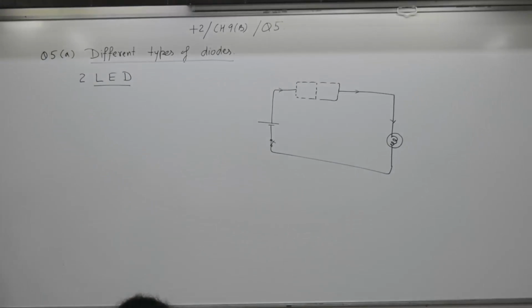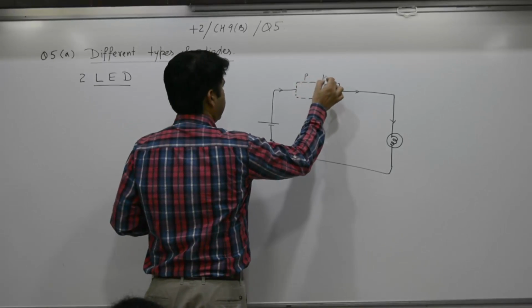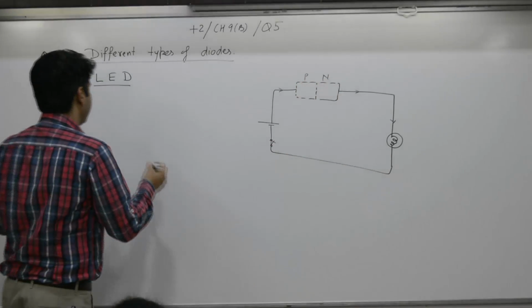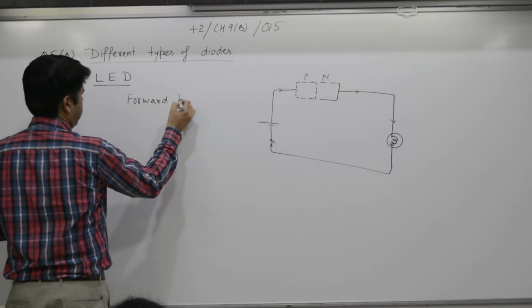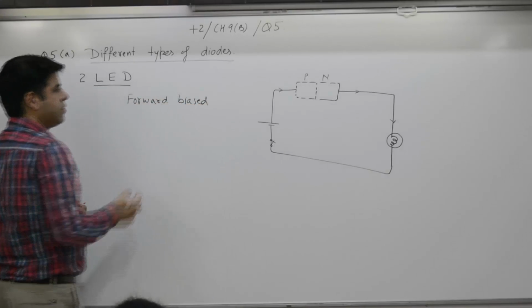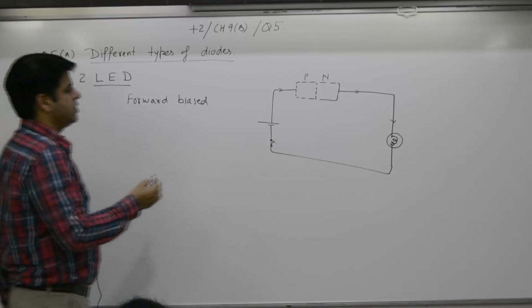One by one. When a diode is forward biased, that means the PN junction is forward biased. Electron hole combination takes place at a PN junction.